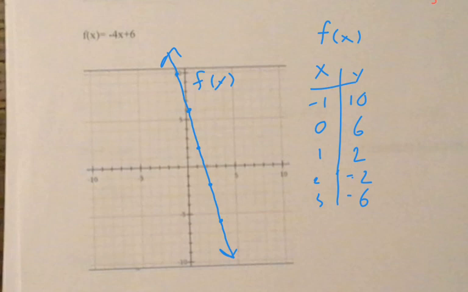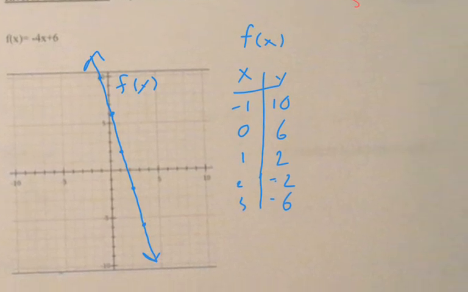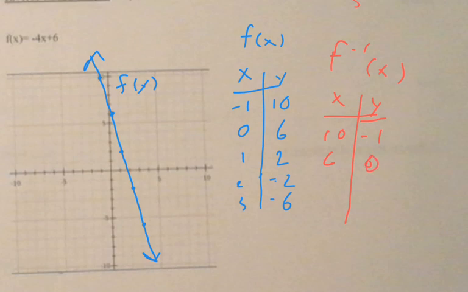So now when we want to find the inverse, all we have to do over here to find the inverse, remember our inverse notation, f to the negative inverse of x. Don't say negative 1, I almost did. We have our x values and our y values, and all we do is switch them. So we have 10, -1; 6, 0; 2, 1; -2, 2; -6, 3.